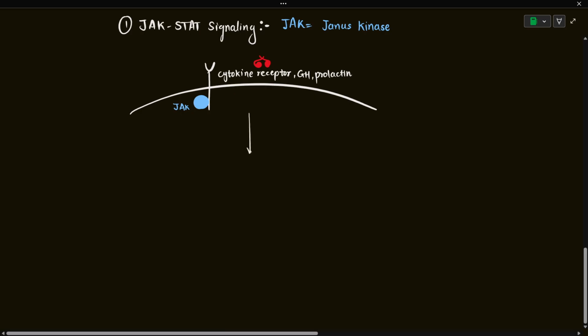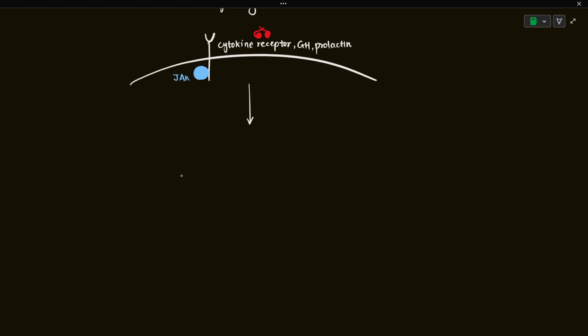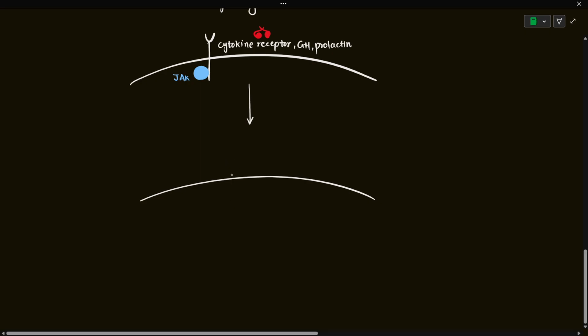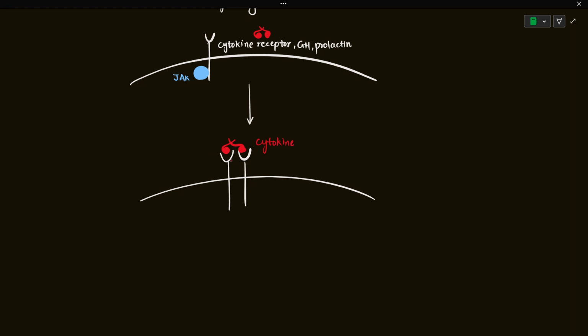Okay, so the pathway that is being followed, I already told you, is quite similar. On the plasma membrane, two receptor proteins which are coupled with JAK will come closer and get dimerized due to the cytokine being received by them. Those receptors are coupled with the enzyme JAK.